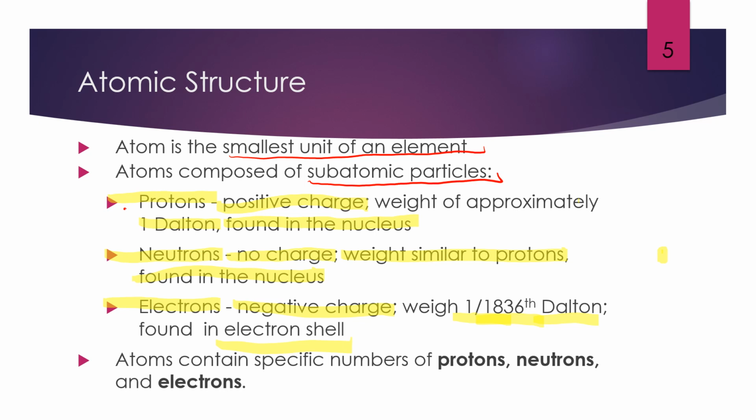All atoms contain certain numbers of protons, neutrons, and electrons. And what determines what element an atom is, is the number of protons. So the number of protons is very important. For example, carbon has 6 protons.